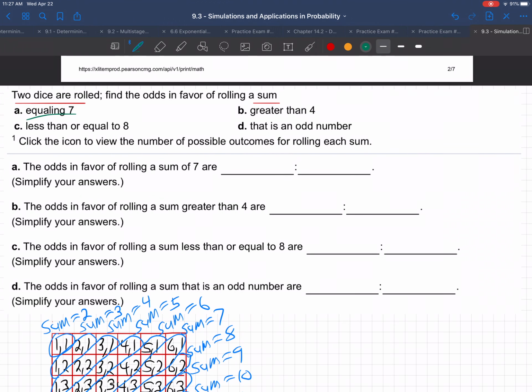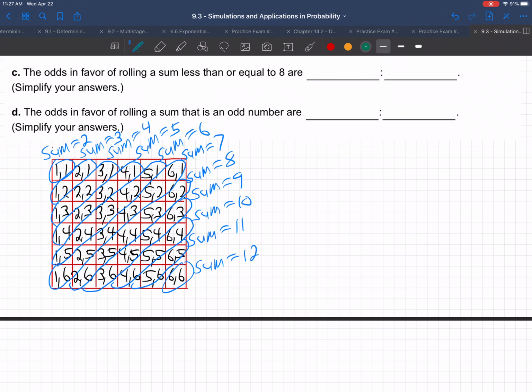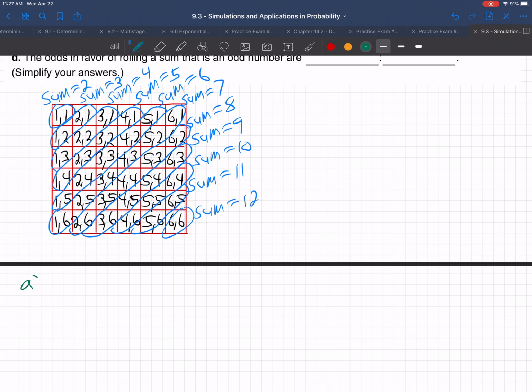Equaling 7. What's the probability that it'll equal 7? So I'm going to come down here, do part A. Probability the sum is 7.